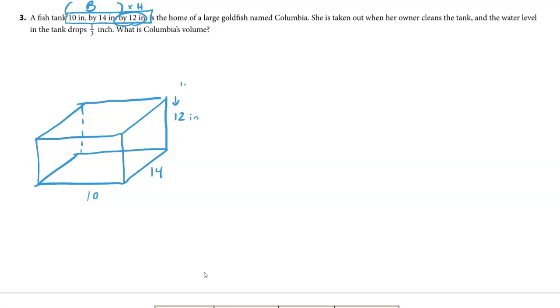If it goes down 1/3 of an inch, then the volume is base times height. The base of this is 10 times 14 times, and what's the volume that got displaced? This time, it's in reverse. It's saying when the fish is in the tank, it's up at the top, and when she's not in the tank, it's 1/3 lower. So we don't care what the original height was.